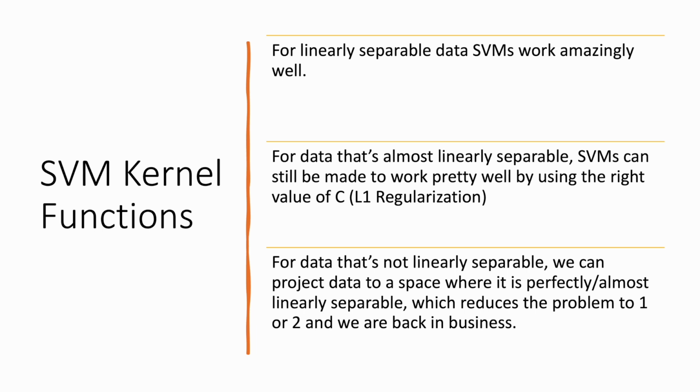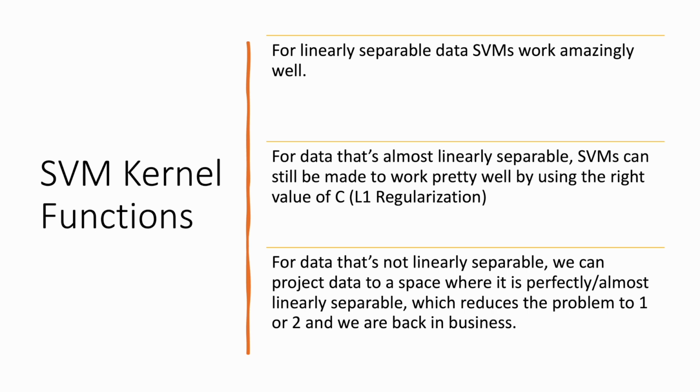If you recall in the last video, what we did with the L1 regularization, we tweaked the value of the C hyperparameter, and with that we saw that my margins will be thinner or thicker, the road will be thinner or thicker. But I will still be able to linearly separate the data.